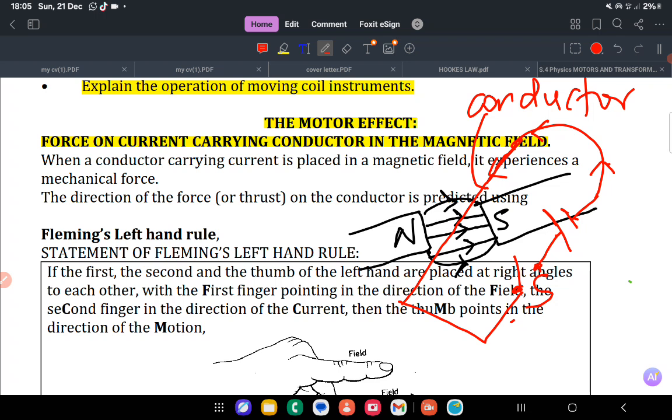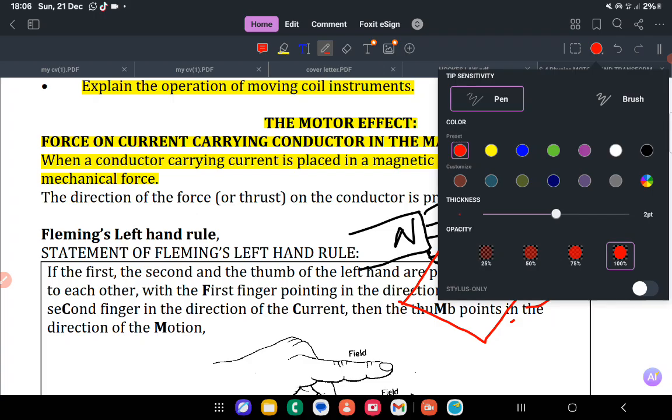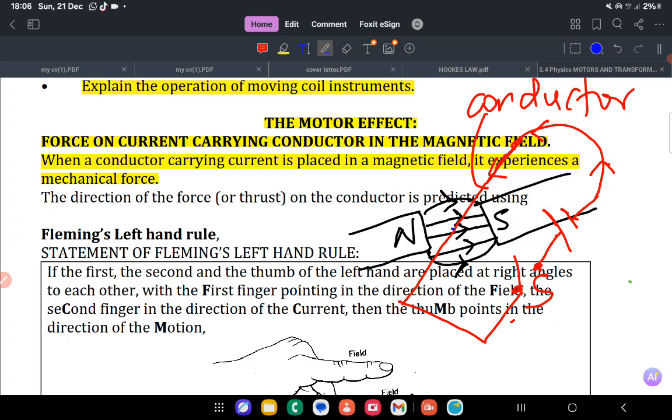When a conductor which is carrying a current is placed in a magnetic field, it experiences a mechanical force. Visibly, you will see the wire move, to jump up and down.